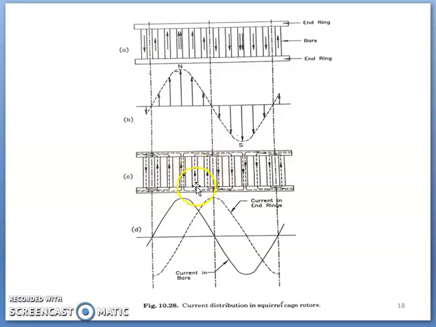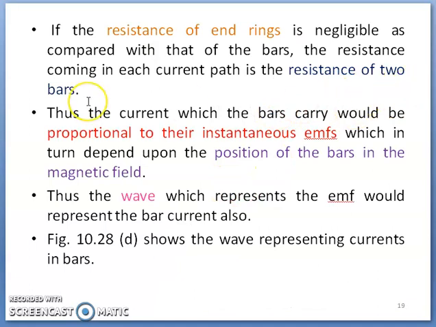Let us take an example. The current flowing through this bar flows through another conductor placed in another slot. Because of this, the resistance in the path is the resistance of two bars, two conductors.